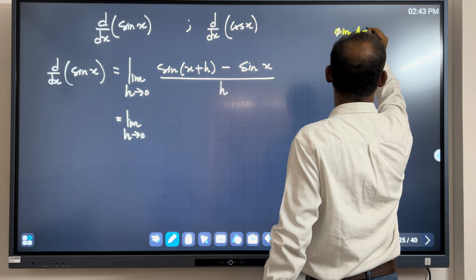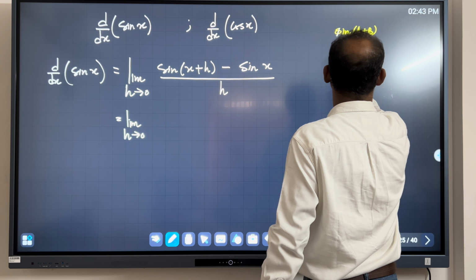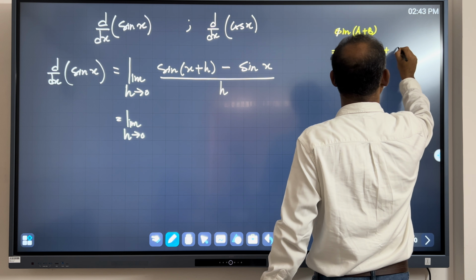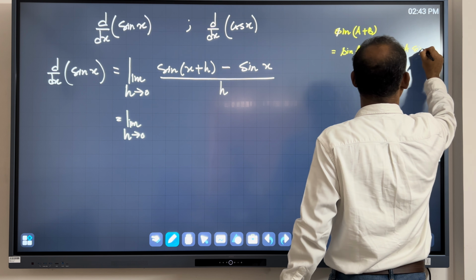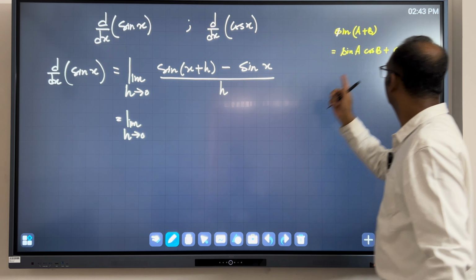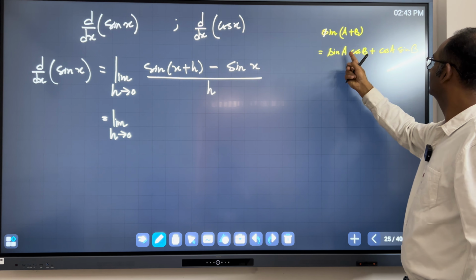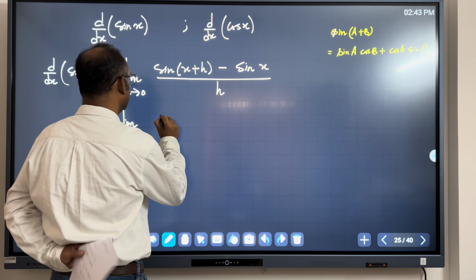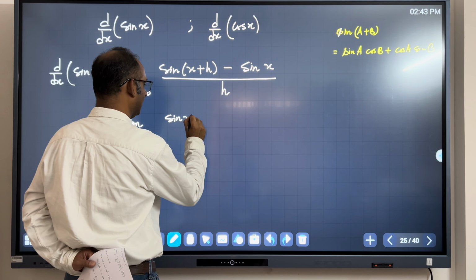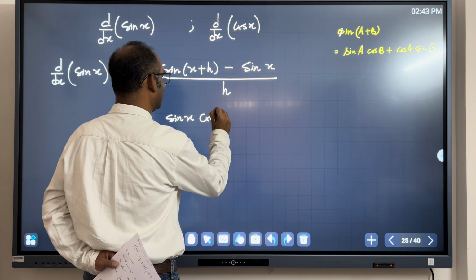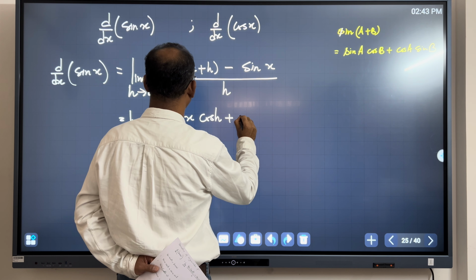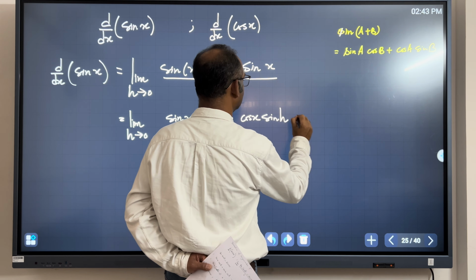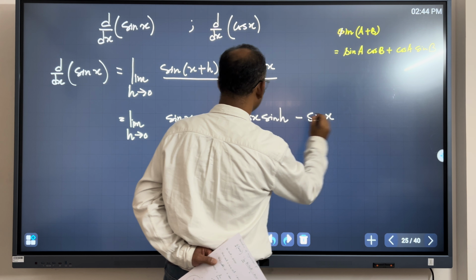Sin of a plus b is equal to sin a cos b plus cos a sin b, where a is the first angle, b is the second. It doesn't matter, it is symmetric, but when I am writing it's like this. So what is this? Sin x cos h plus cos x sin h minus sin x over h.